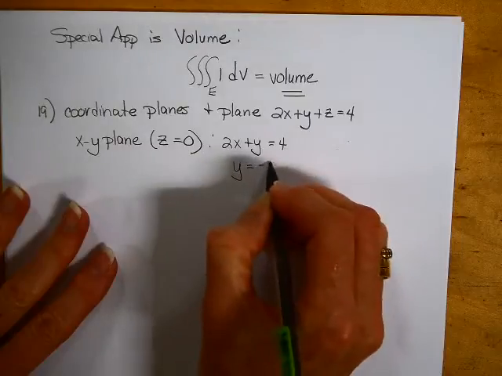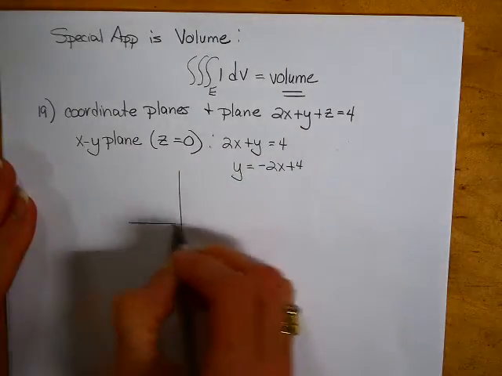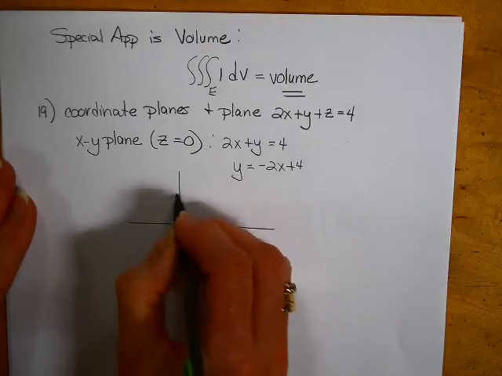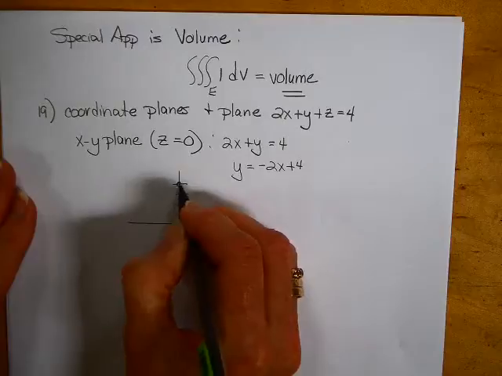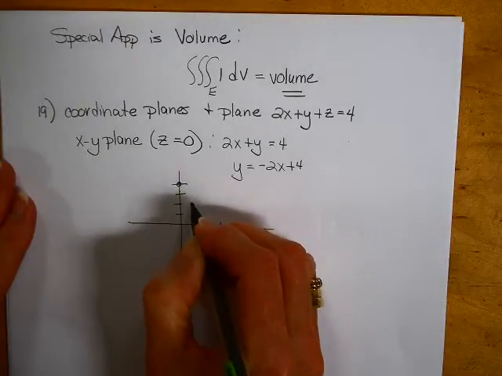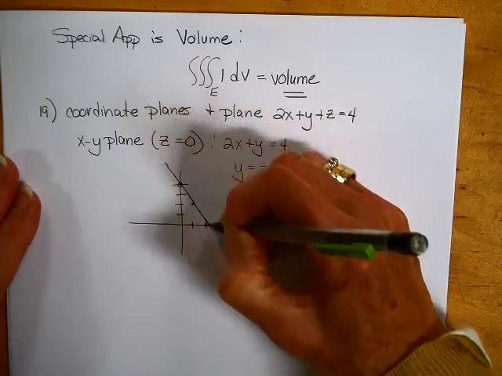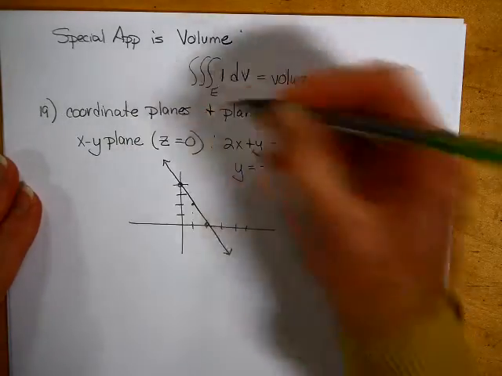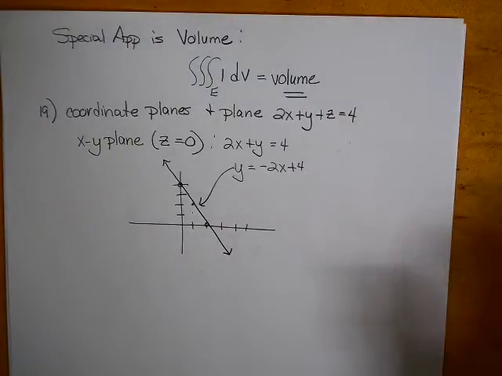So y is negative 2x plus 4. Down 2 over 1, down 2 over 1. All right, so that's the line y equals negative 2x plus 4.